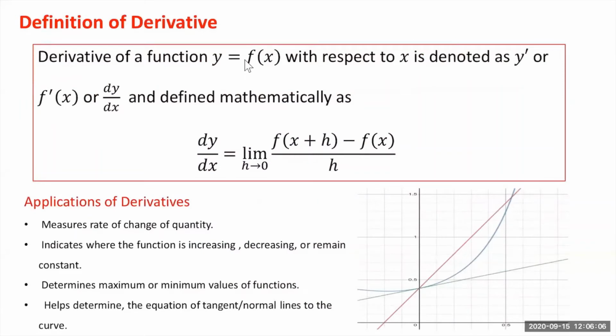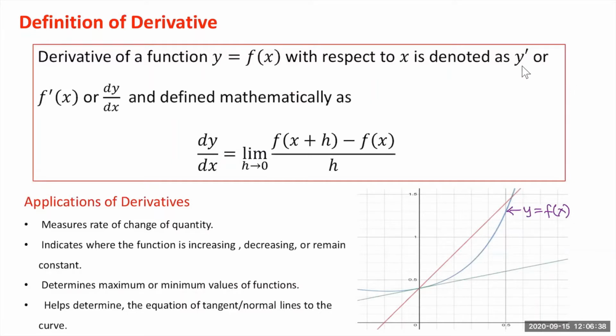Derivative of a function y equal to f of x, like the one I have shown here in the graph, which is the function y equal to f of x. The derivative of the function y equal to f of x with respect to x is denoted as, we write y prime, or for a function we write f prime x, or we write dy over dx.